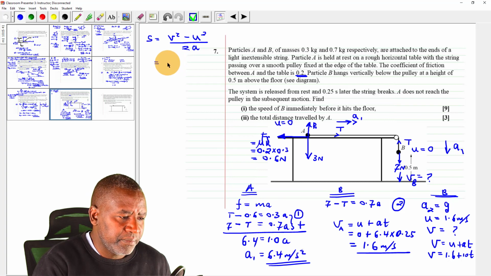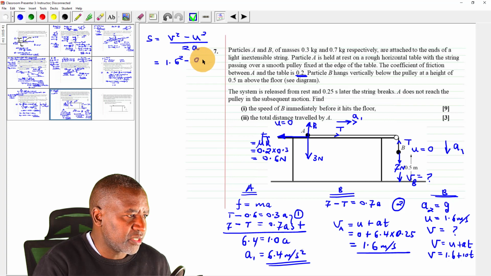I have the v, which is 1.6, minus 0 squared, over 2 times 6.4.